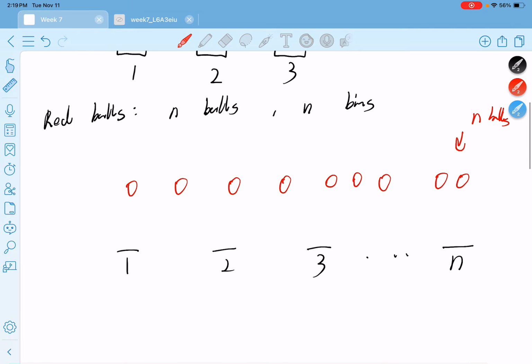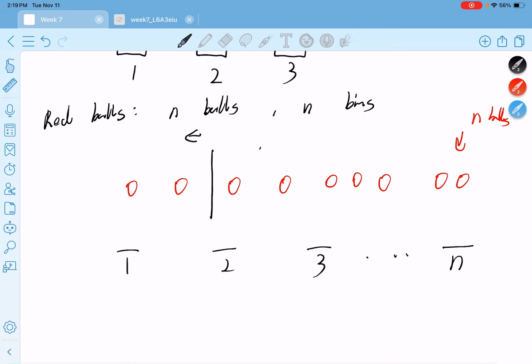Because we need to put the n balls into n beans, we can think of it like we are dividing the balls. For example, we are putting bars inside the balls. If I put a bar here, then this is the first bar. Then what is in front of the first bar becomes the balls in the first bin.